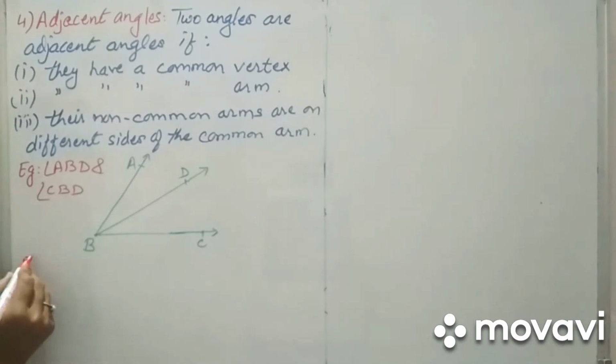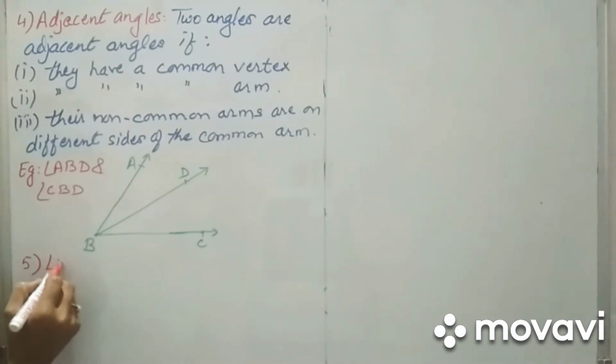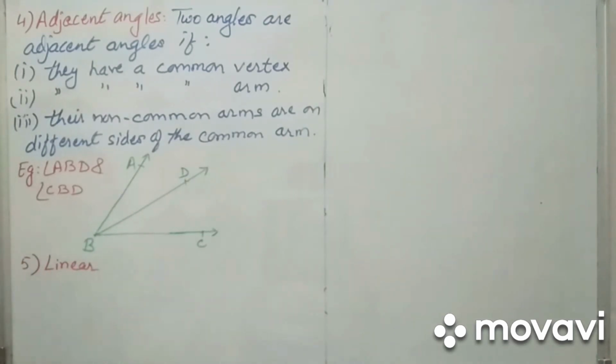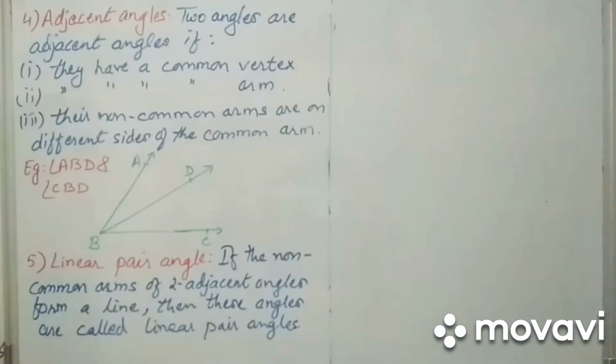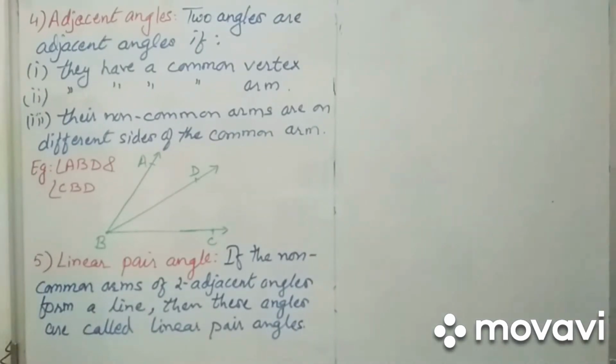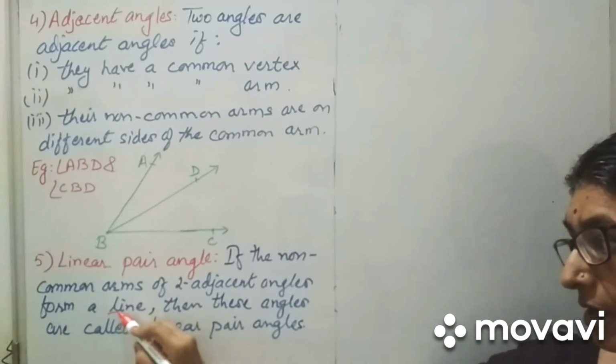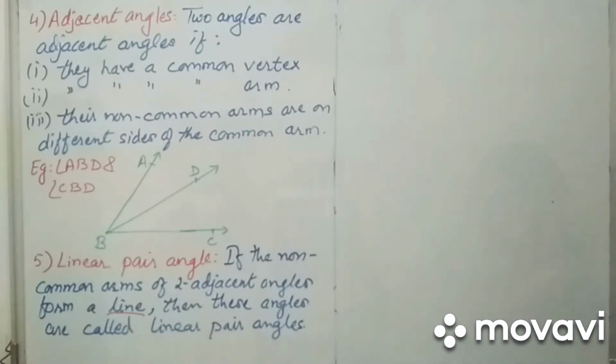Next is our linear pair angle. Now let us understand. If the non-common arms of two adjacent angles form a line, this word is important, form a line, then those angles are said to be linear pair angles.